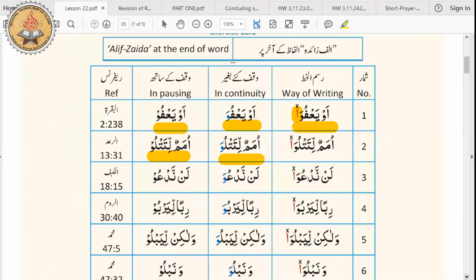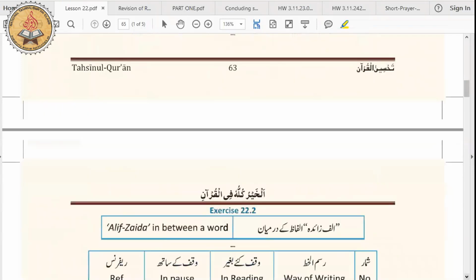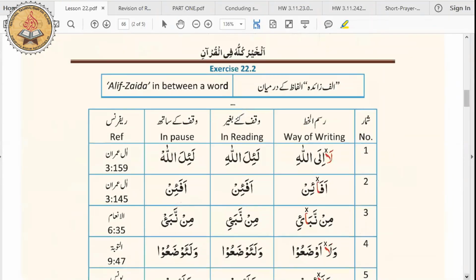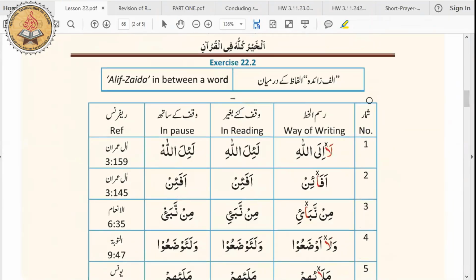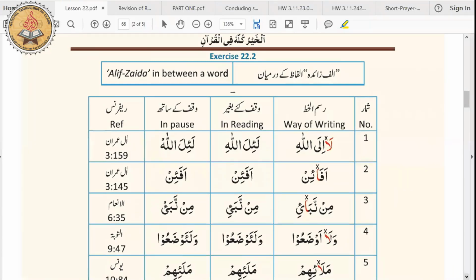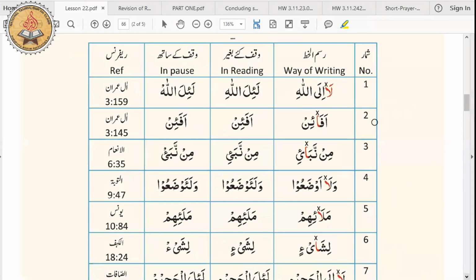Okay, our second rule. In this first exercise, we practiced having alif zaida at the end of the word. In the second exercise, the same rule will apply. We don't include alif zaida in our recitation. So I'll quickly go through this example. When we are reading this, we totally ignore this alif. You find this word written like this in the text of the Holy Quran.